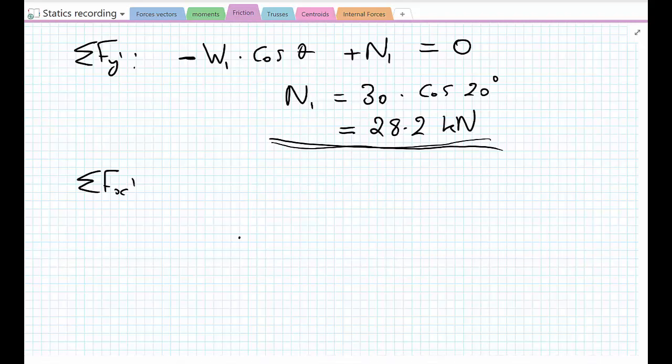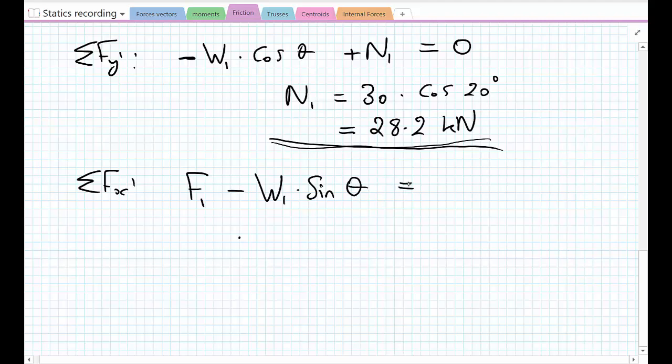So that is F1 in the positive x dash direction minus W1 multiplied by the sine of this angle theta, and to be in equilibrium must be equal to 0, and therefore rearranging this and inserting the known values for W1 and the sine of theta, we get that F1 equals 10.26 kilonewtons.